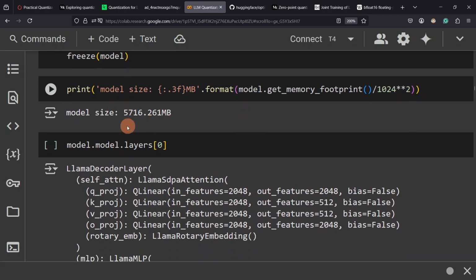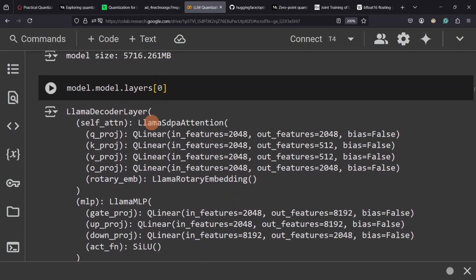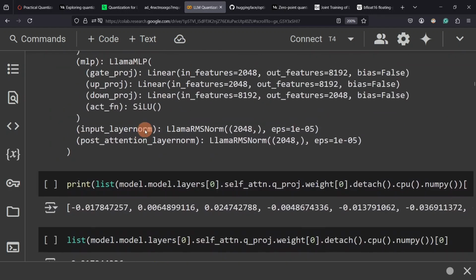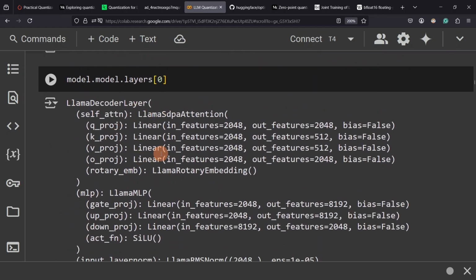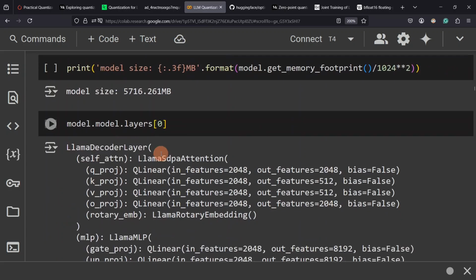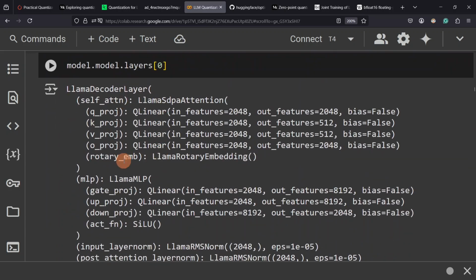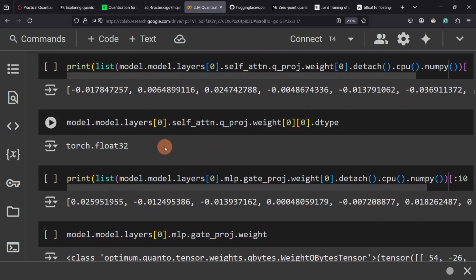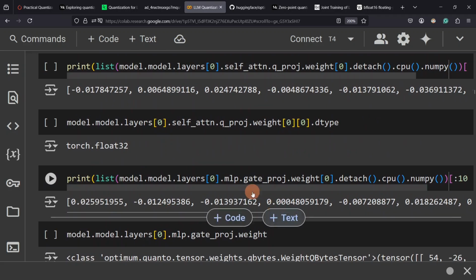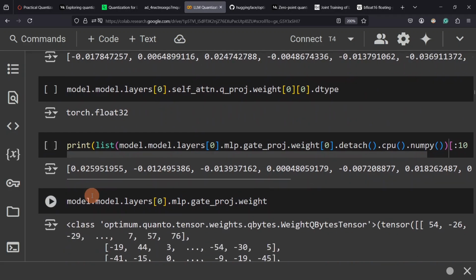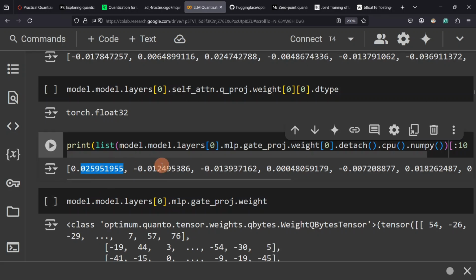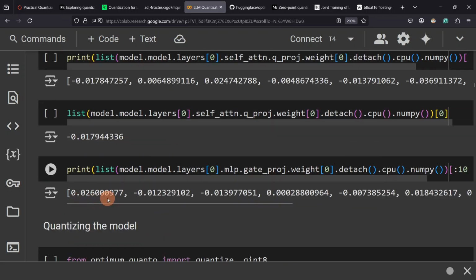actually the size has increased a little bit, but if you see the Q projection, K projection, all these have become QLinear from Linear. So here it was Linear, and here after quantization they have become QLinear. If you see the unquantized weights, that is after dequantization, it's very similar. So it's like 0.0259, 0.26.